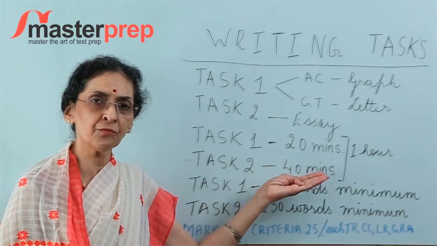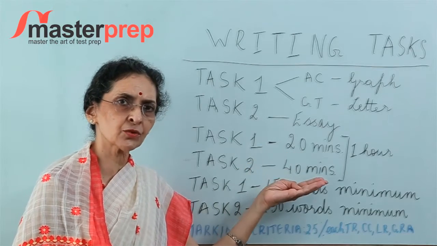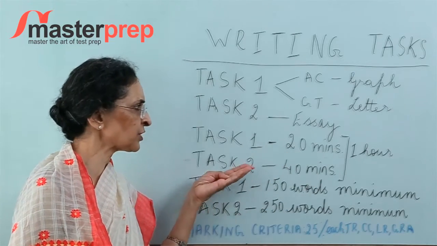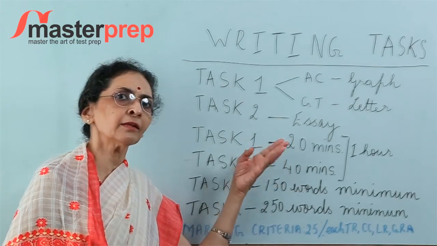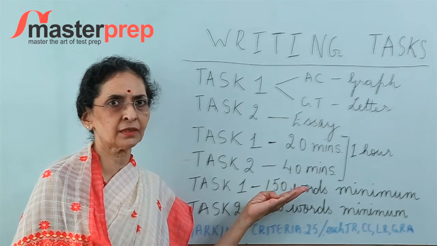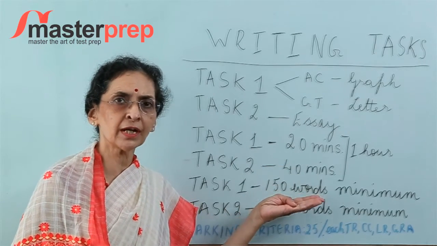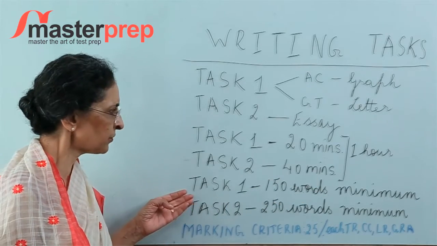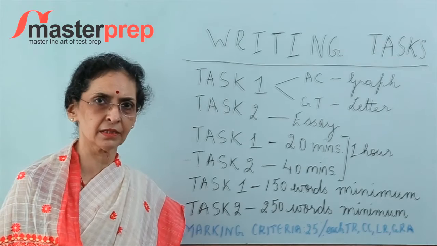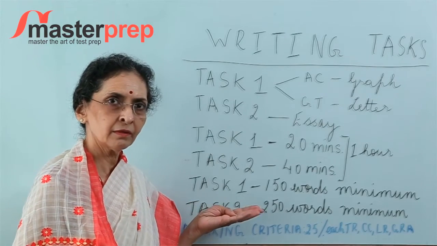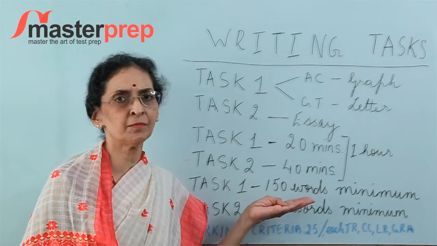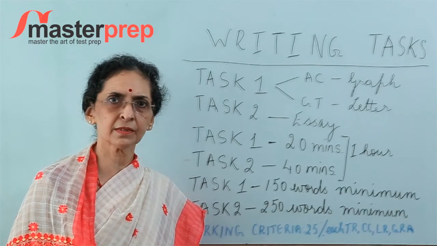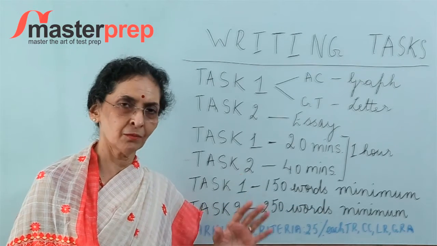Please don't overstep the time in doing task 1 or give too much time to task 2 at the expense of the other. It's very important to try and follow the timings that are given to you. Let's look at how much you have to write. Task 1 requires you to write a minimum of 150 words. Minimum means minimum.